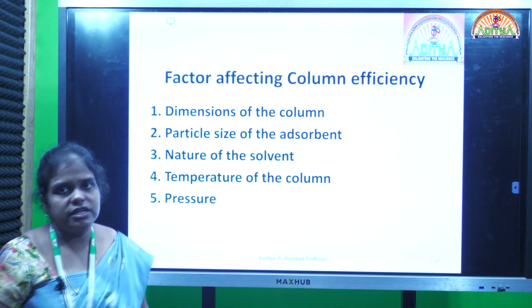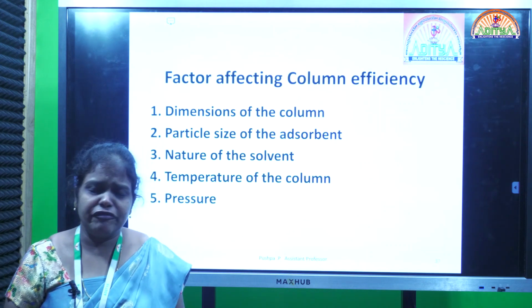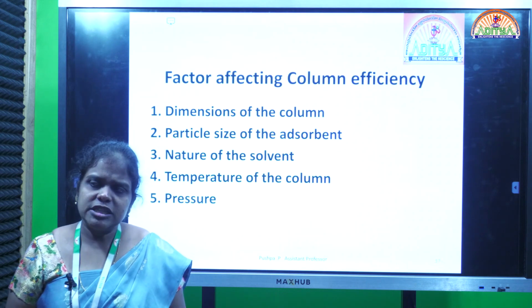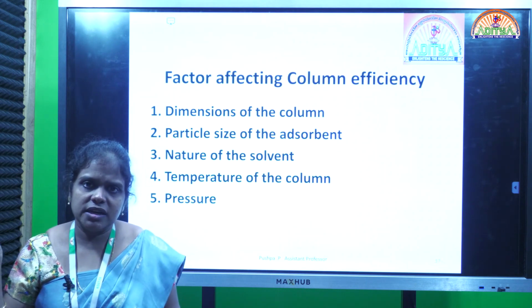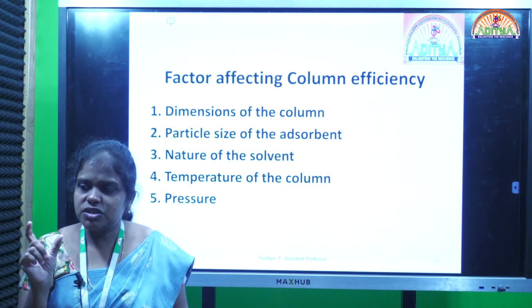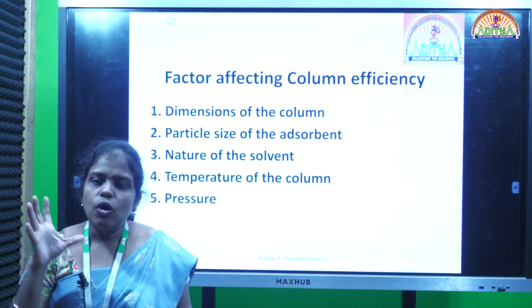Whereas for particle size of the adsorbent, if the particles are very large, the samples may get stuck in the spaces between those large particles of the stationary phase, and the sample will get held.